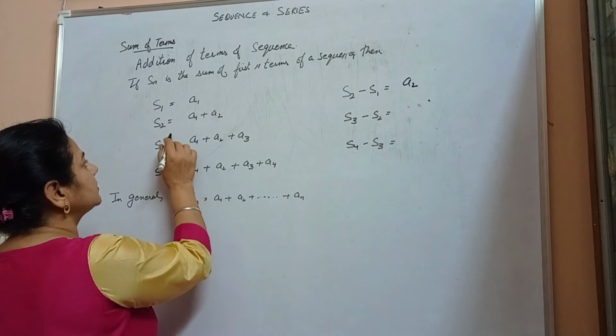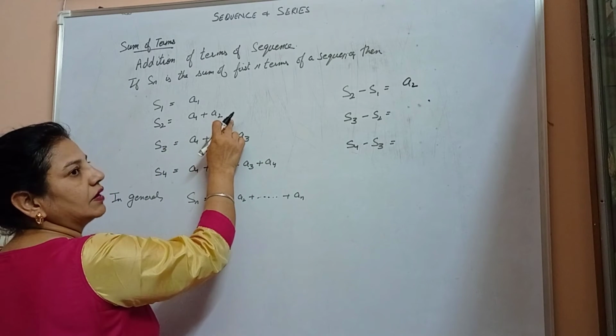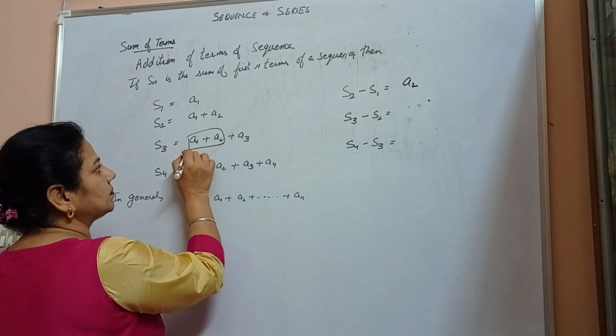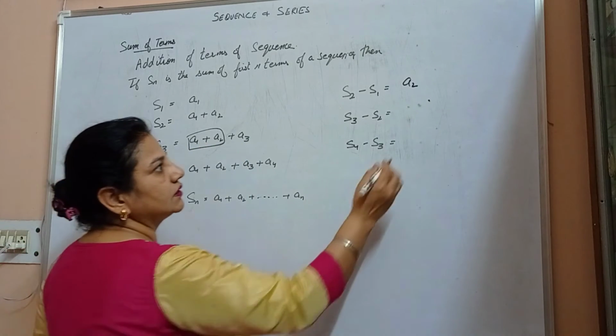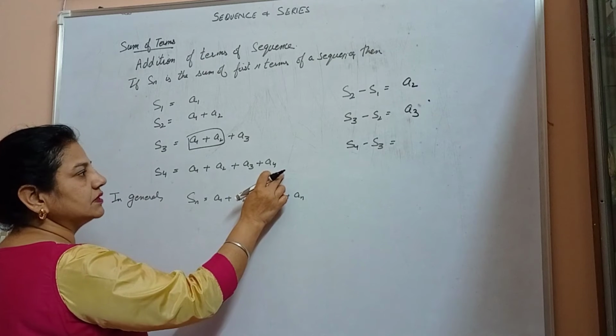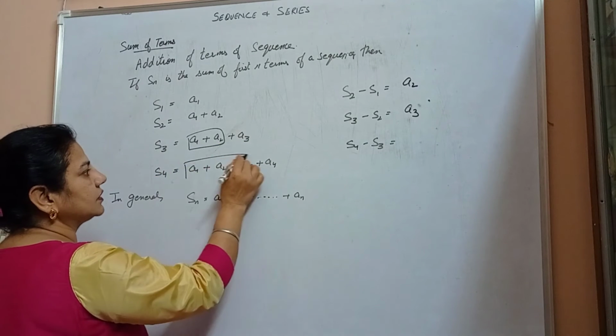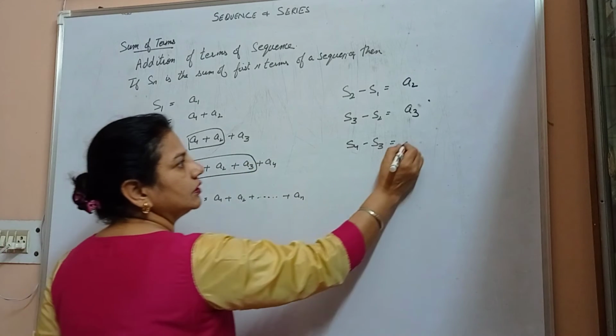The sum of three terms is A1 plus A2 plus A3, and the sum of two terms is A1 plus A2. If this is subtracted, we are left with only the third term. Similarly, the sum of four terms minus the sum of the first three terms leaves the fourth term only.